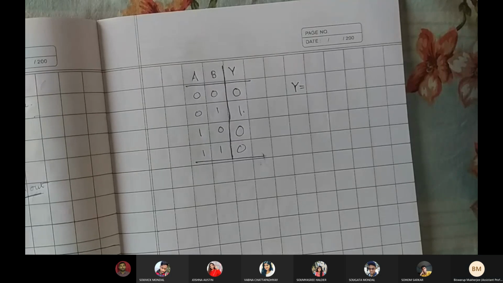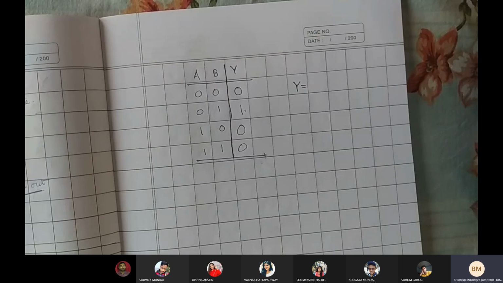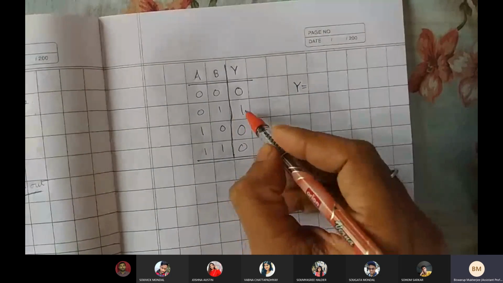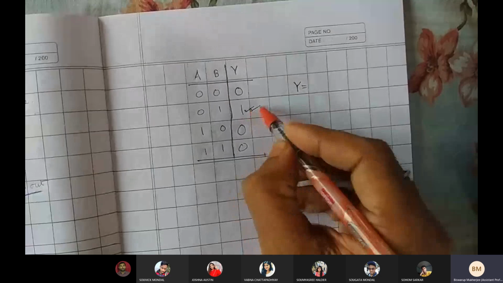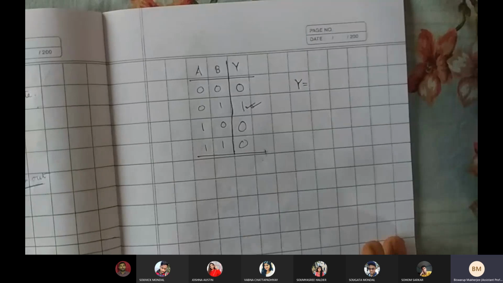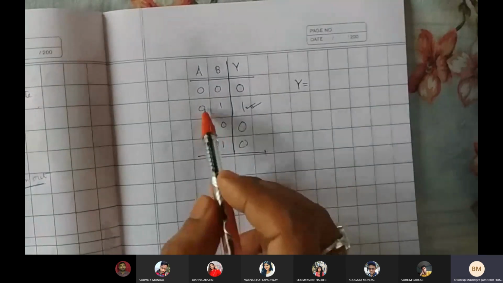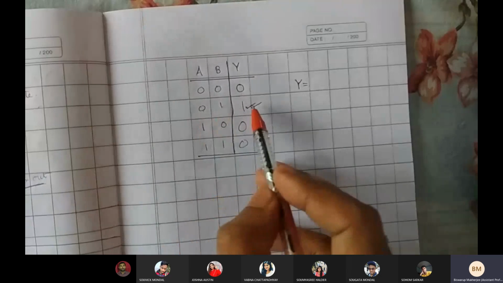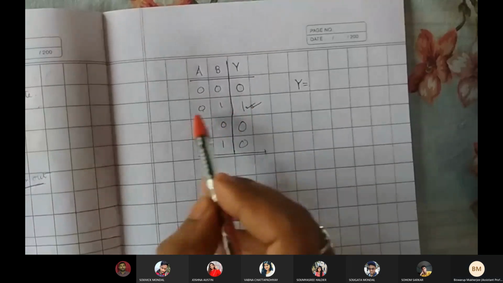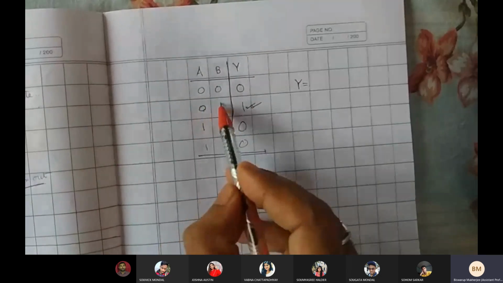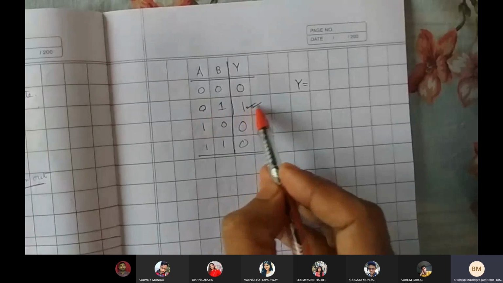In this particular expression, we can see that at this particular position the output is 1. The rest of the outputs are not 1, they are 0. So I need to look at the inputs for which the output is 1. A value is 0 and B value is 1, for which the output is 1.